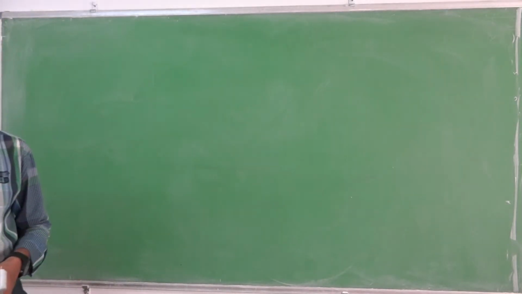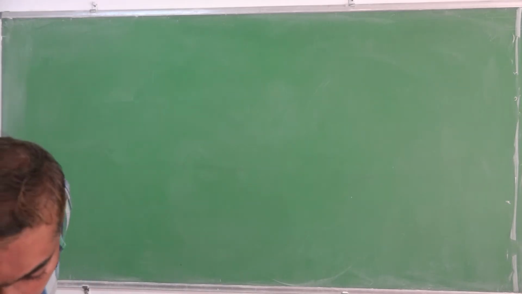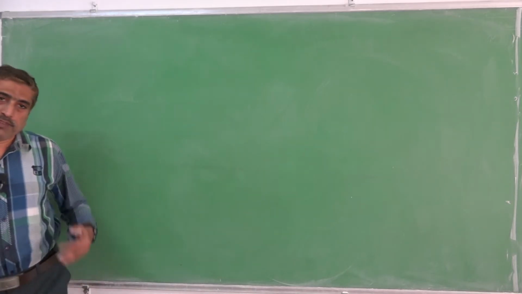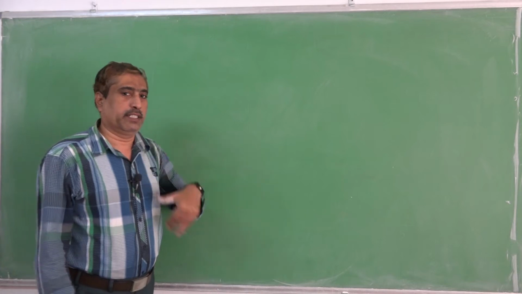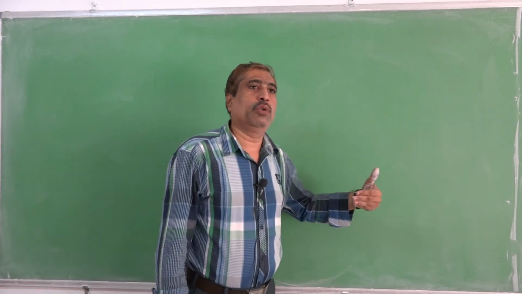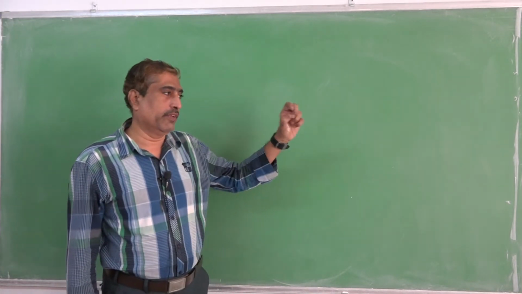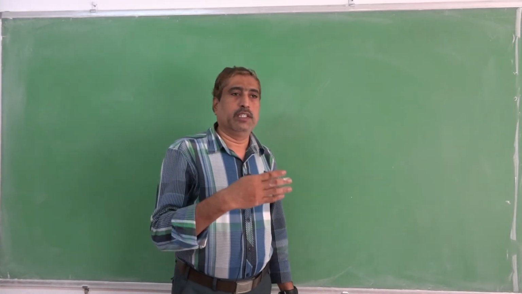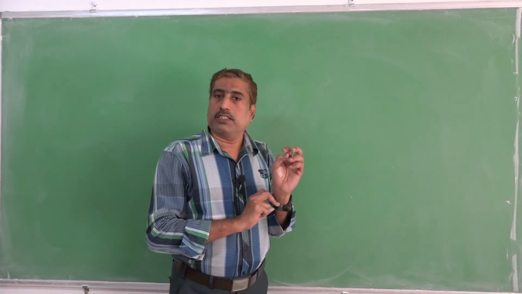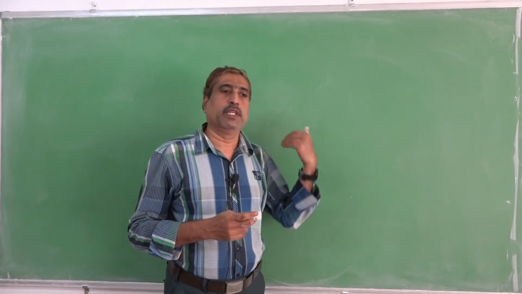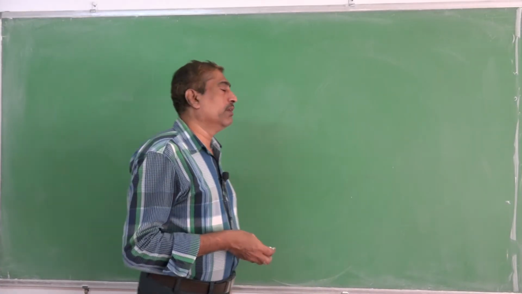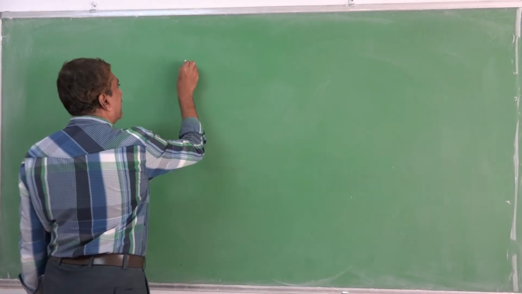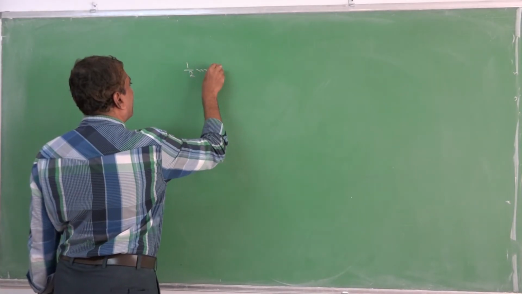Now, a simple harmonic oscillator possesses both potential energy and kinetic energy. Potential energy is due to its position from the mean position, and due to its motion, its displacement, it possesses velocity. So, due to its motion, it possesses kinetic energy. As we know, kinetic energy is half m v square.